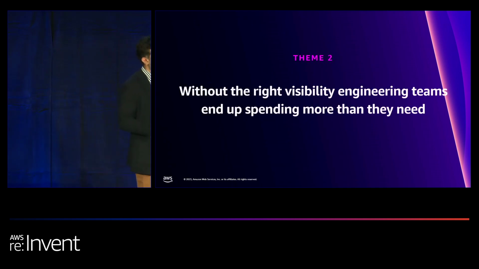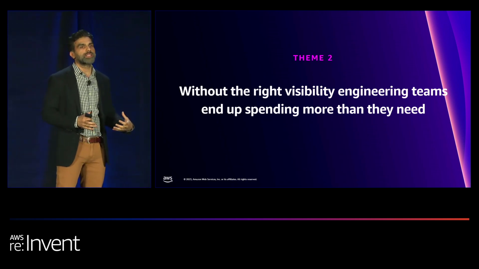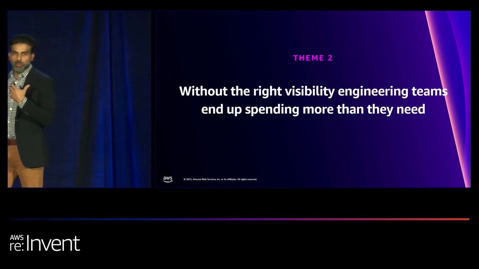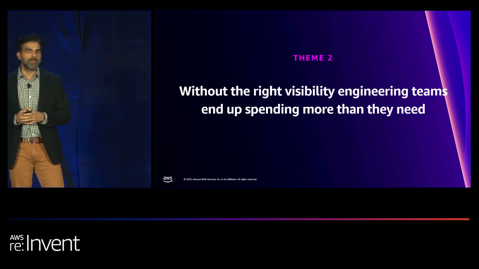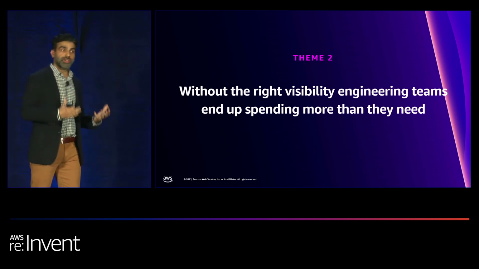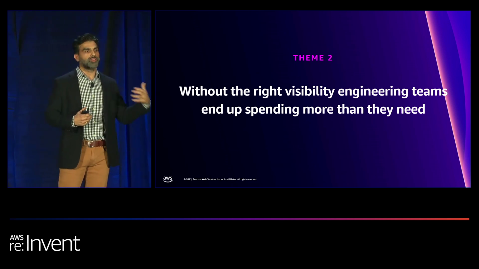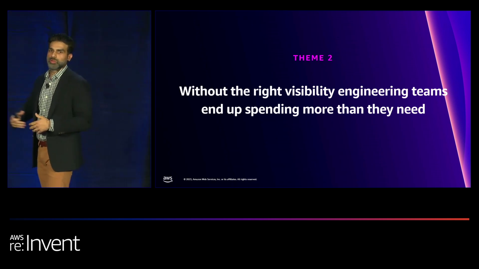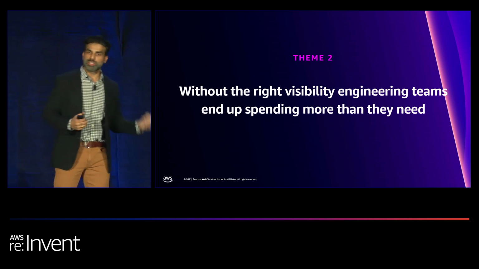When we talk to customers, and more specifically the technical organizations, what we find is engineering teams end up spending more than they need if they don't have the right level of visibility. In fact, engineering teams sometimes have incentives to provision additional headroom capacity to account for potential scaling issues down the road. They are goaled on things such as system uptime.